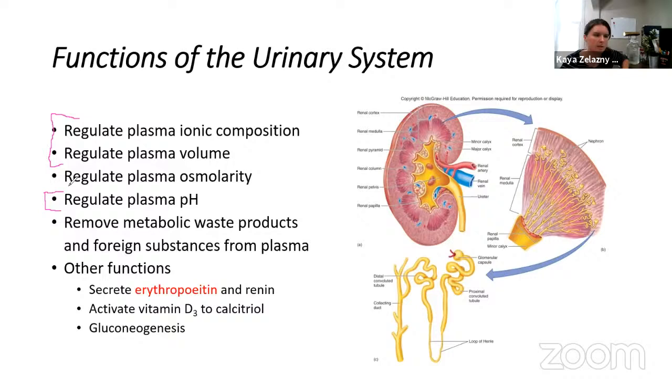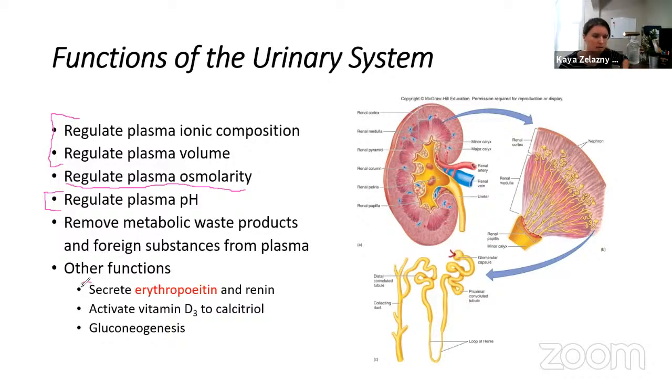We're also going to be regulating plasma osmolarity, right? So basically the pull that plasma is going to have on water. And we can think of how we would do that, right? By regulating the contents of the plasma, we're going to be regulating how much water versus dissolved proteins we have in there, right? We're going to be removing waste products and foreign substances.